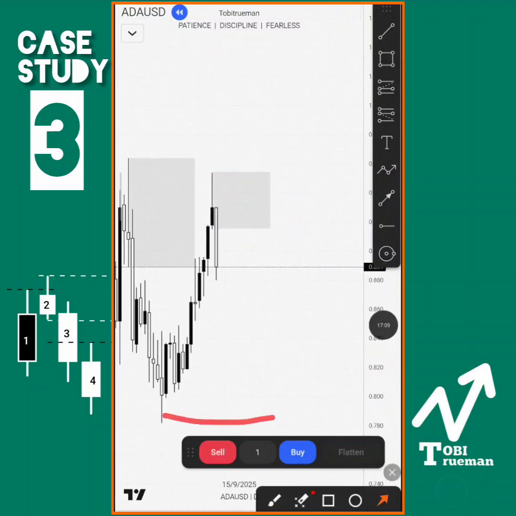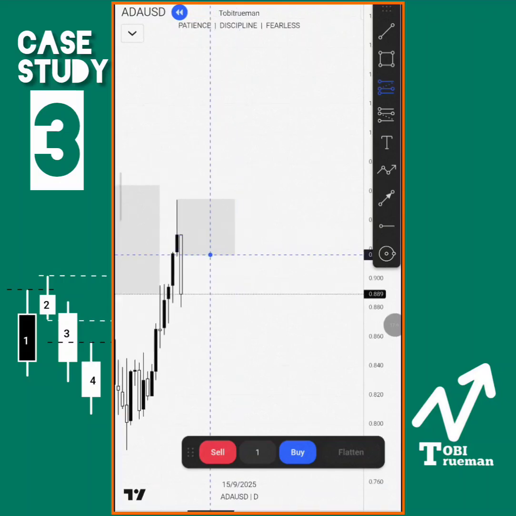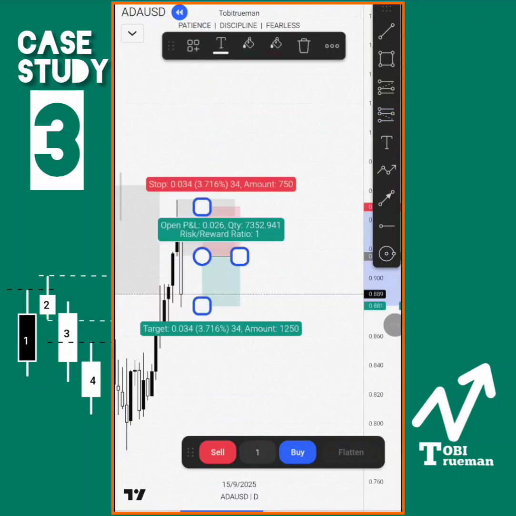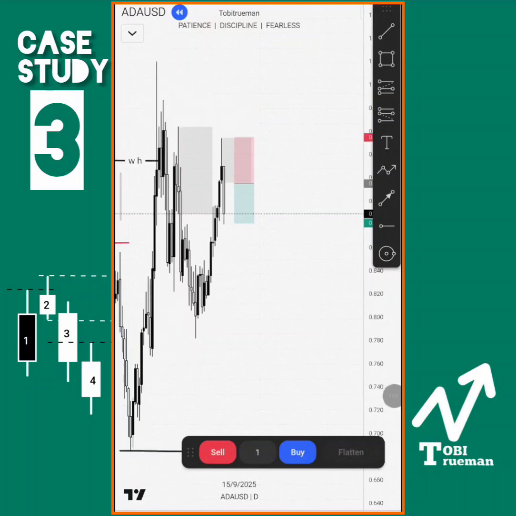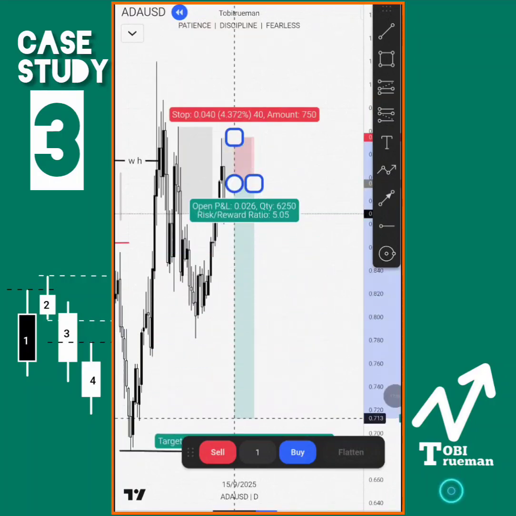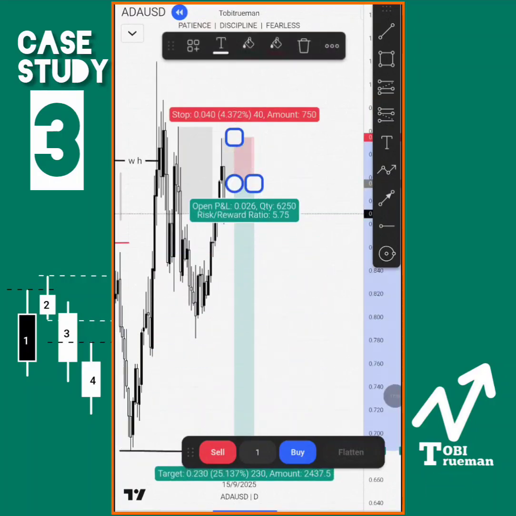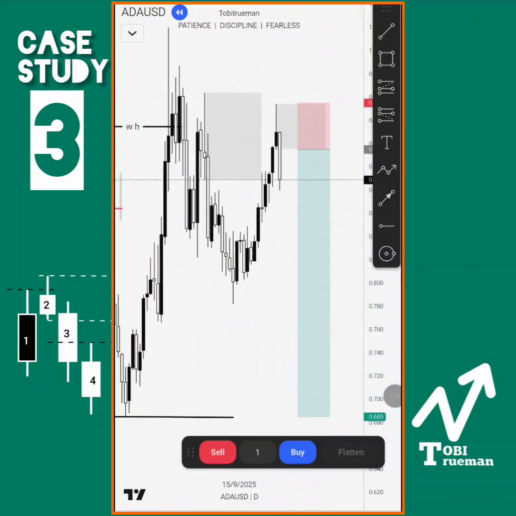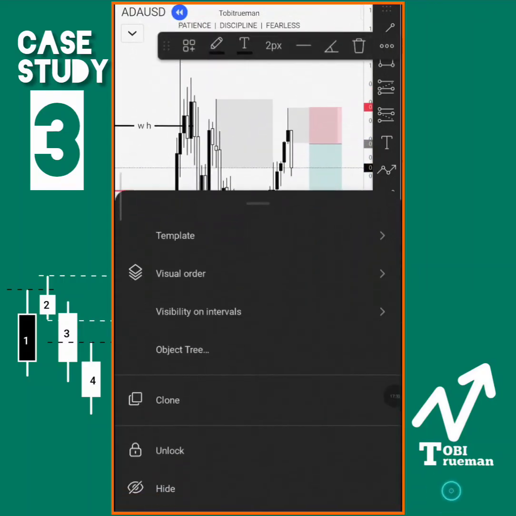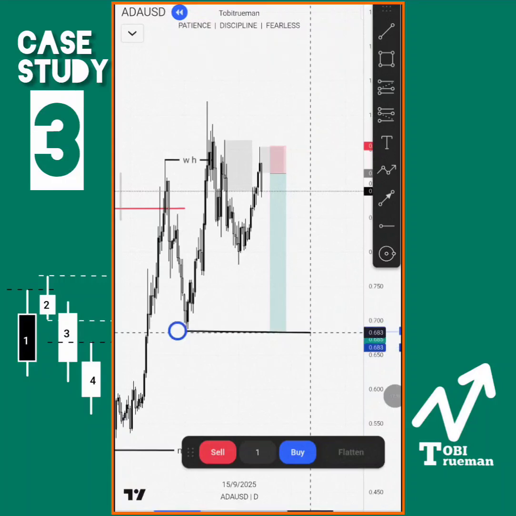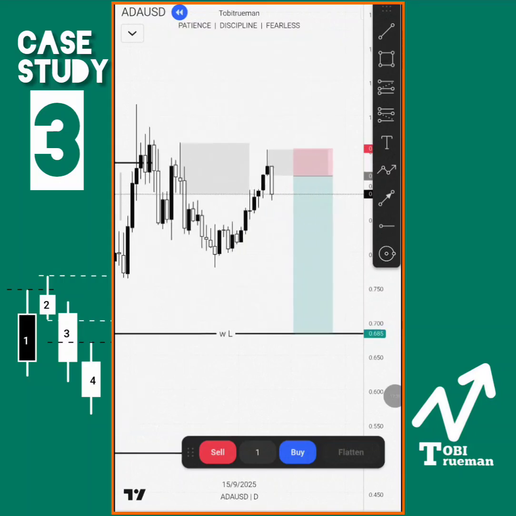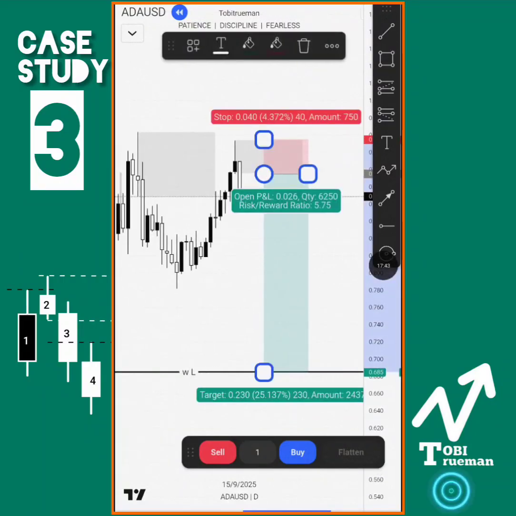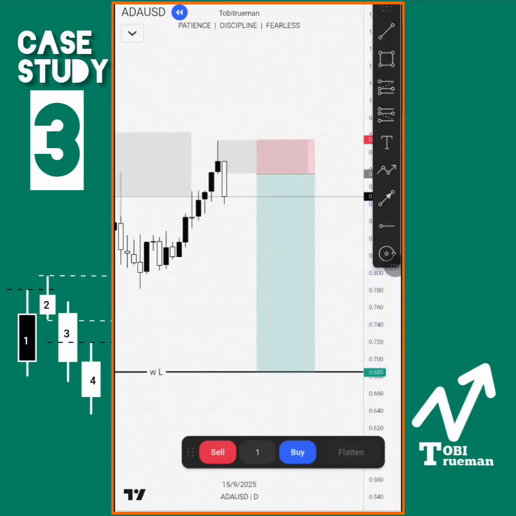Okay, trade number one, let's take it. Usually I will go from 1 to 3, but we can take it to this low point, to this previous week low. So let's see what price will do.